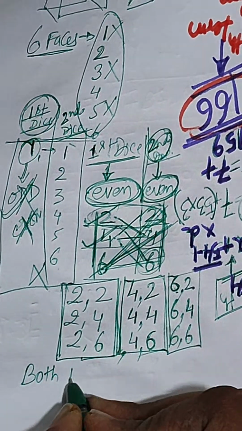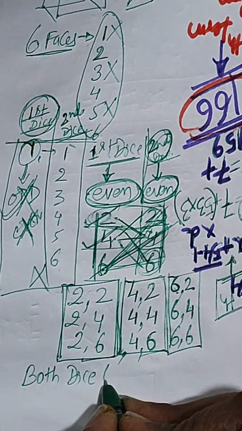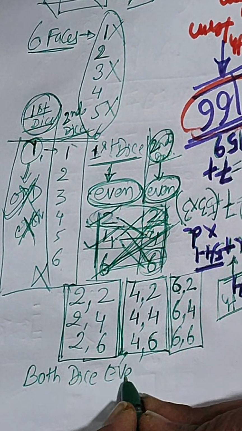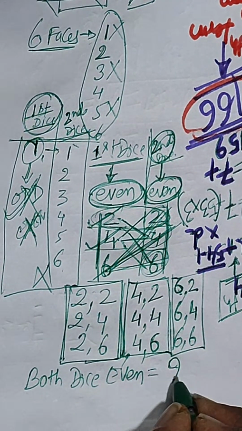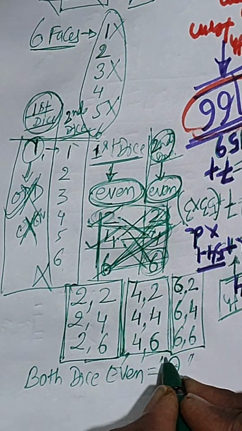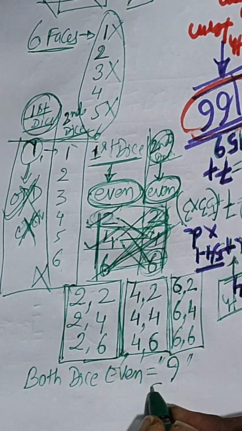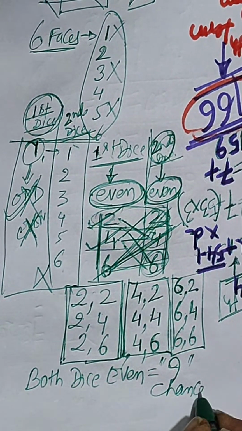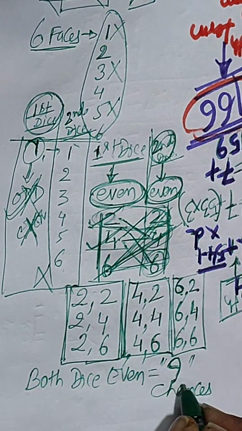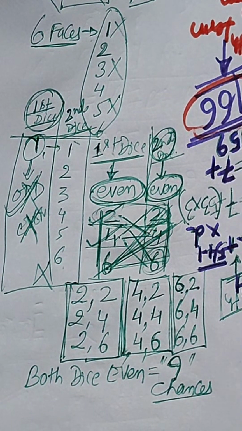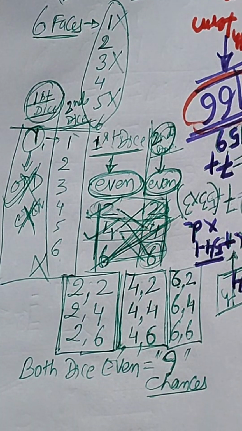Both dice even, total 9 options are coming, 9 chances. 9 chances are there when we are getting even on both the dice.